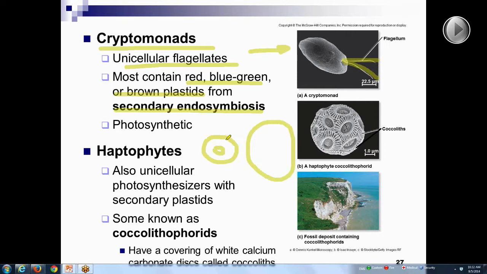So when you have a cell that already has a primary plastid, it gets engulfed into a larger cell, that is secondary endosymbiosis. And if we had an even bigger cell that engulfed this big cell right here, then you would have tertiary endosymbiosis. But we'll get to that later.